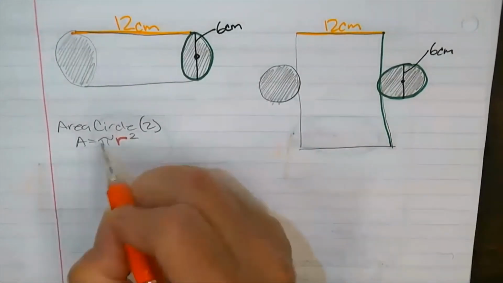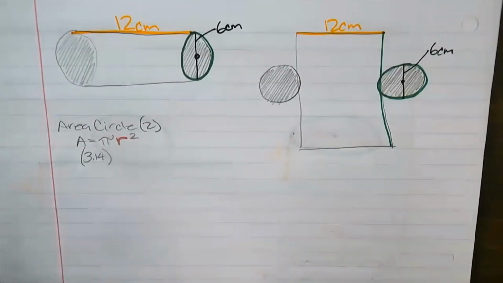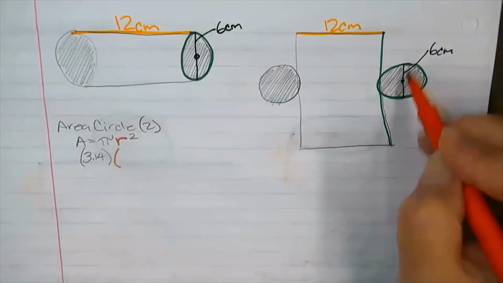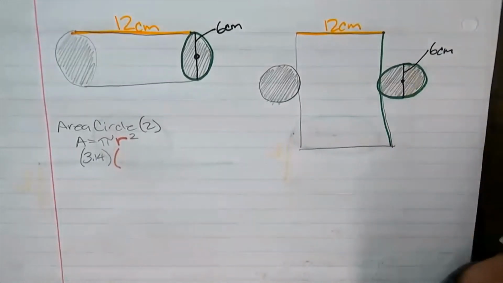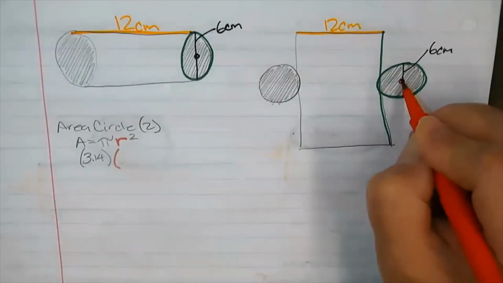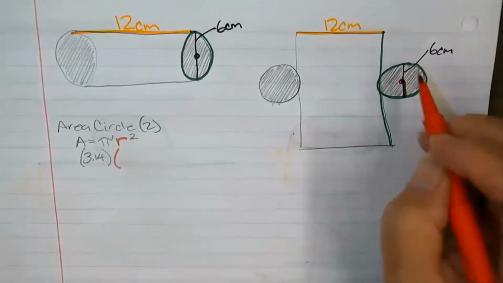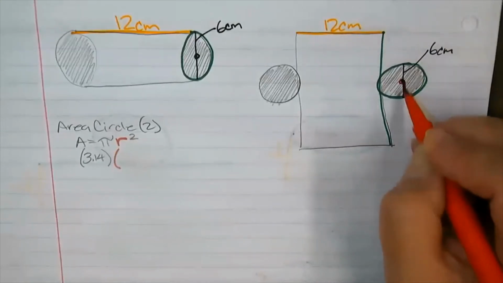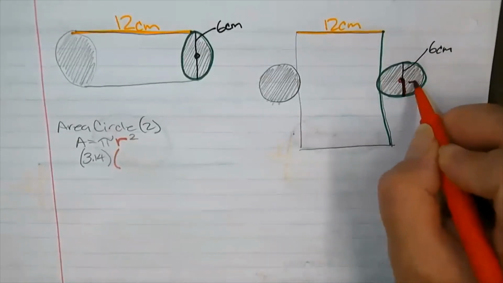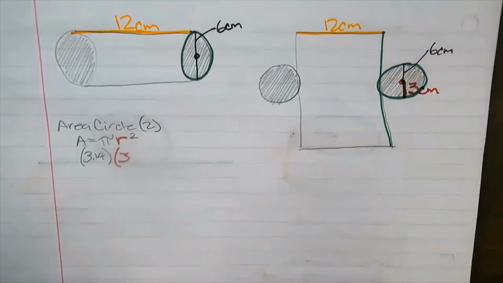So now it's substitution. 3.14 times, they haven't given us the radius, but can we figure out the radius? Absolutely. We know that the radius is half of the diameter. So my radius is 3 centimeters.